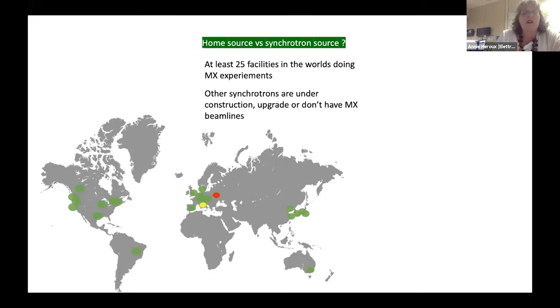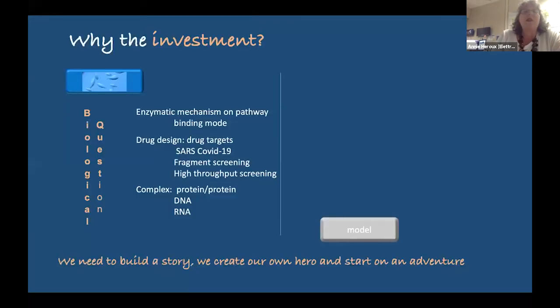We can now focus on what exactly we want to do. MX is done, as it says, on macromolecules, so not just protein as before, but also DNA, RNA, and complexes. And the biologists or enzymologists working in this field have a biological question.